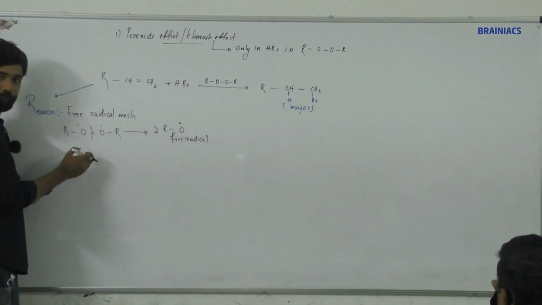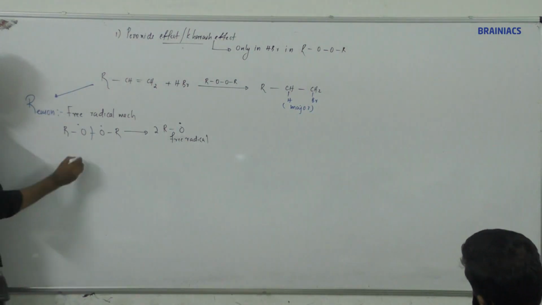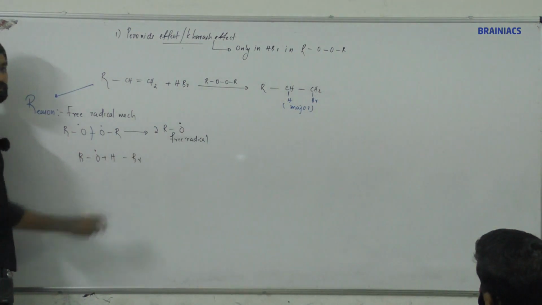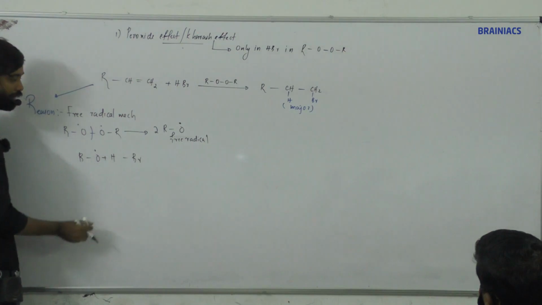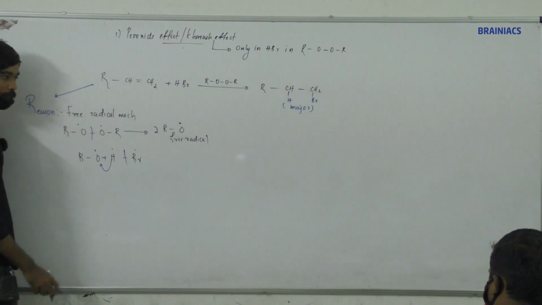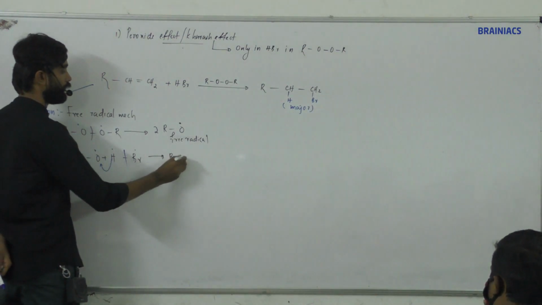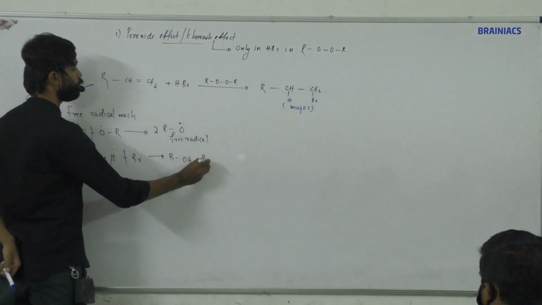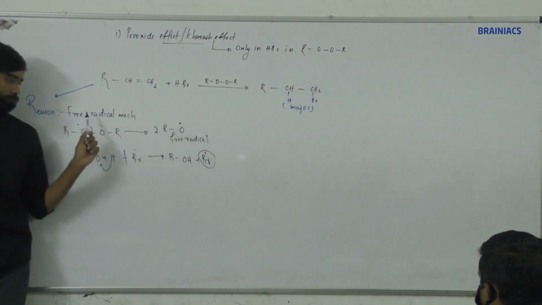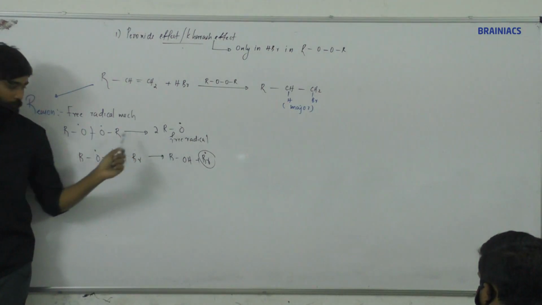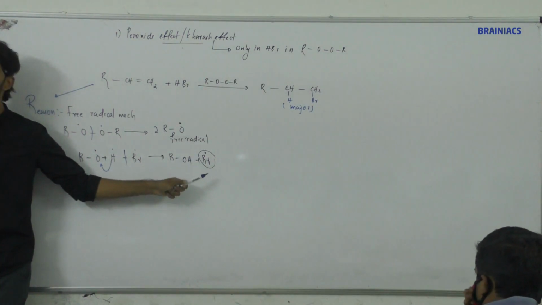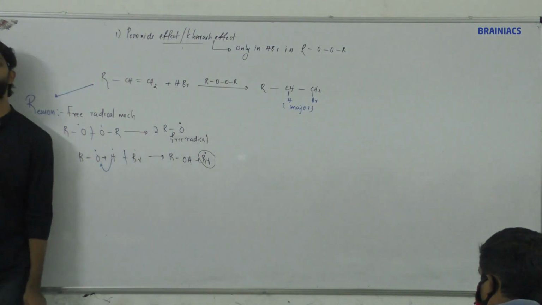Peroxide itself undergoes homolysis to form the free radical, and in presence of that free radical our HBr undergoes homolysis, where H is abstracted by the free radical to form the bromine free radical.